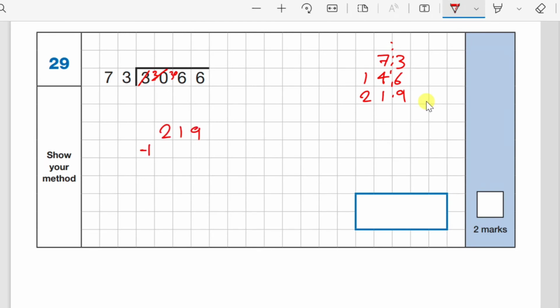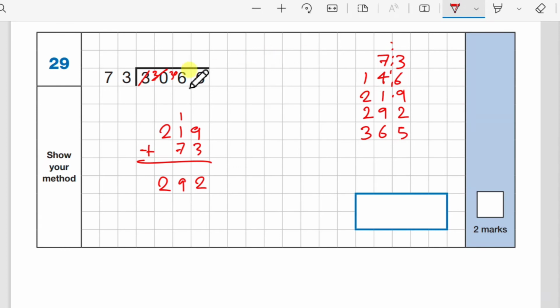So 219 add 73. 9 plus 3 is 12, so 2 carry the 1. 1 plus 1 is 2. Add 7 is 9. And then 2 add nothing is 2. 292. Okay, that looks a lot easier. Now, if you add another 73 to this one, then you get 365. So that's as far as it goes.